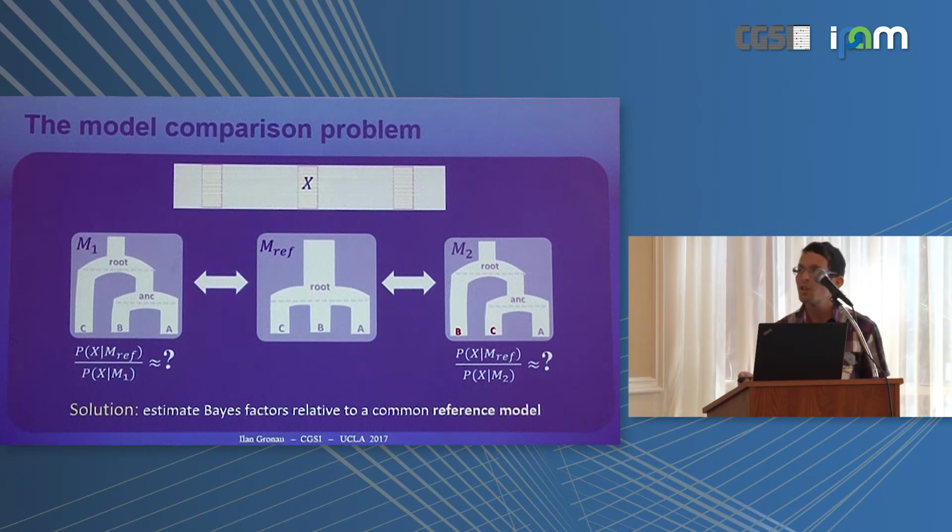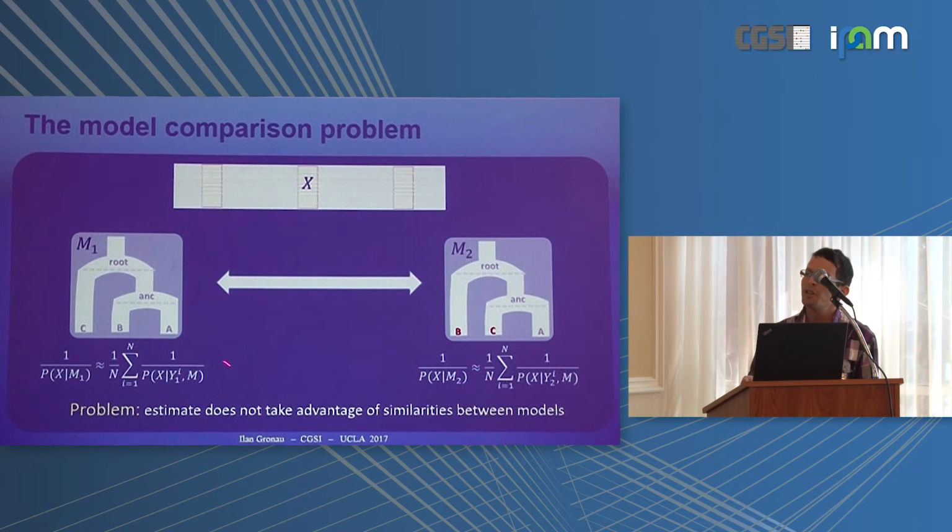Our idea for solving this is to introduce what we call a reference model that we can use to compare each of these models directly to. The original estimates are reference-free. They don't care about any context.